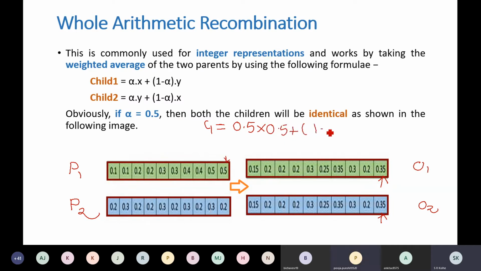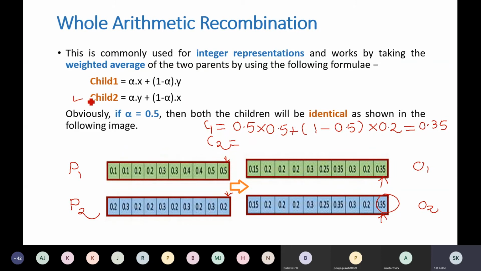Plus 1 minus 0.5 into, okay, 0.2 multiplied by y is 0.2. So this comes out to 0.35. Correct, 0.35.